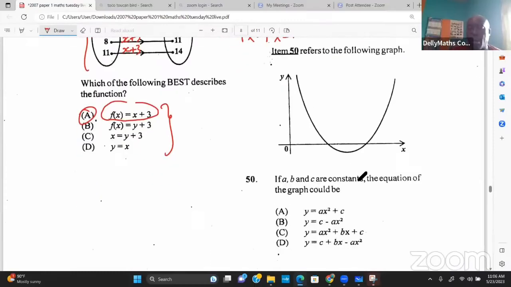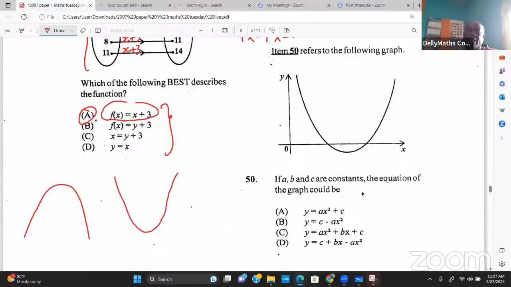Number 50, coming down, it says, if A, B, and C are constants, the equation of the graph could be what? Now, firstly, your quadratic curve could shape two ways. One, it could turn like this. Two, it could turn like this.